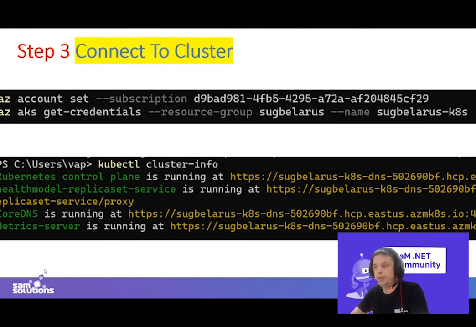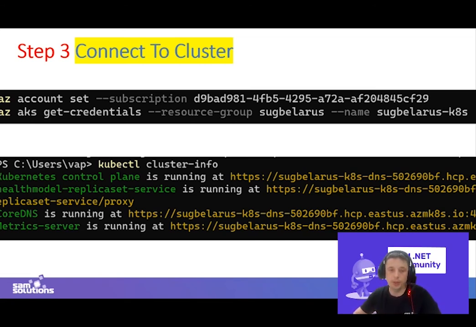Now let's go further. When we are ready, we can use the Azure CLI tool to connect to the cluster from our local machine. We run the az account set subscription command, then the AKS get-credentials command with the resource group name and cluster name to be connected to the cluster.